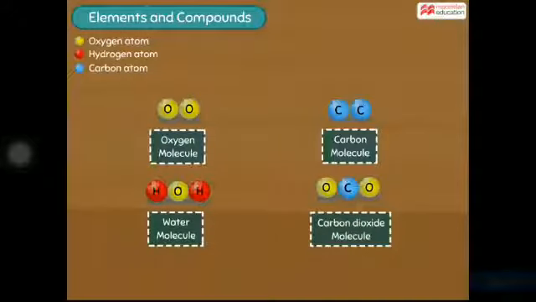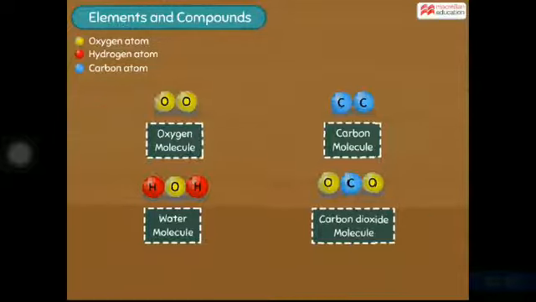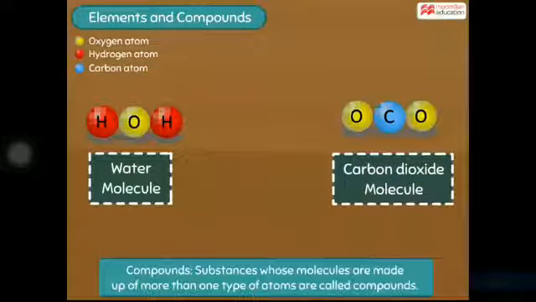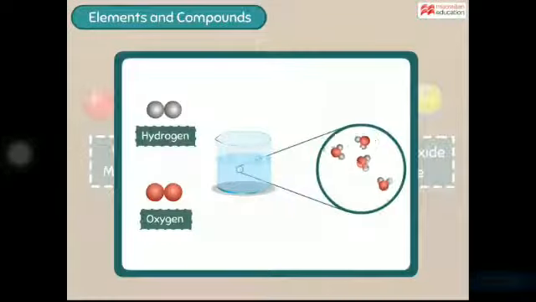But then, what about molecules like water and carbon dioxide? All such molecules that are made up of more than one type of atoms are called compounds. The properties of a compound are different from the properties of the elements that make the compound.